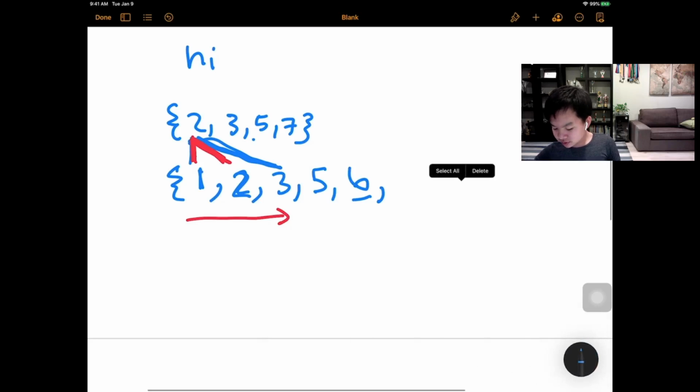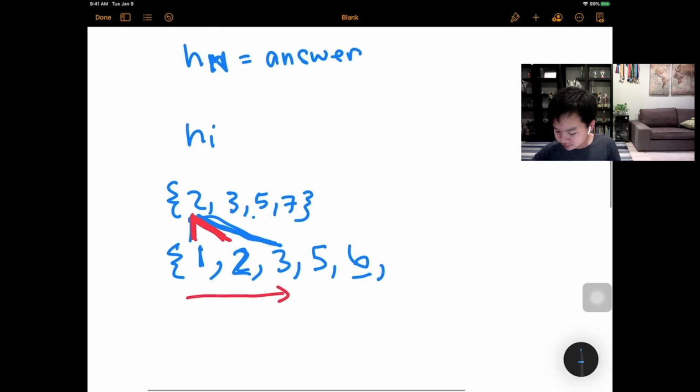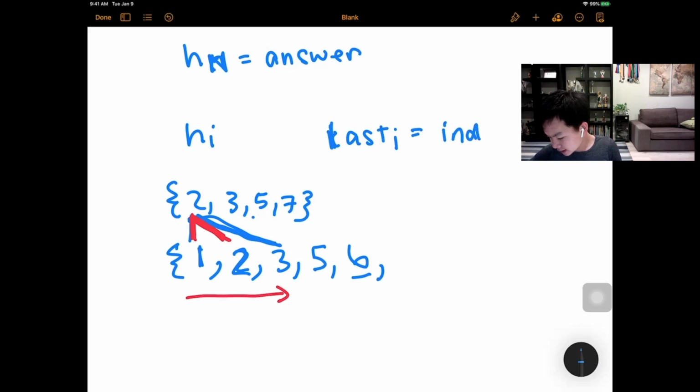So what we can do is keep track of last, so this would be last of i, the index of the last prime.